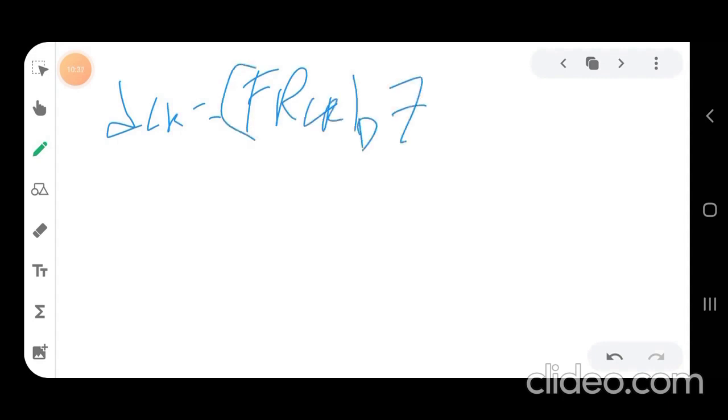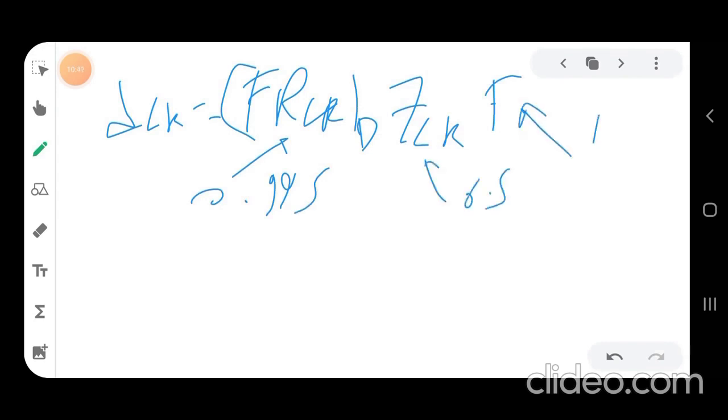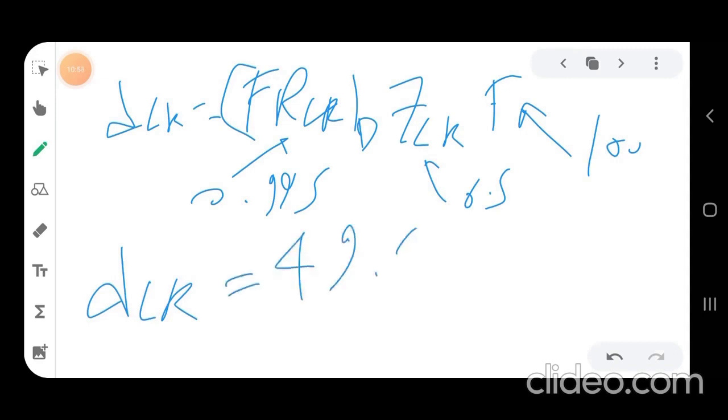We will get DLK is equal to this fractional recovery of the light key in the distillate multiplied by the z of the light key multiplied by F. And we know all of this. This was given as 0.995, this was given as 0.5, and this is 100. So just multiply them. So now you can get that the distillate flow rate of the light key is 49.75 kilomole per hour.